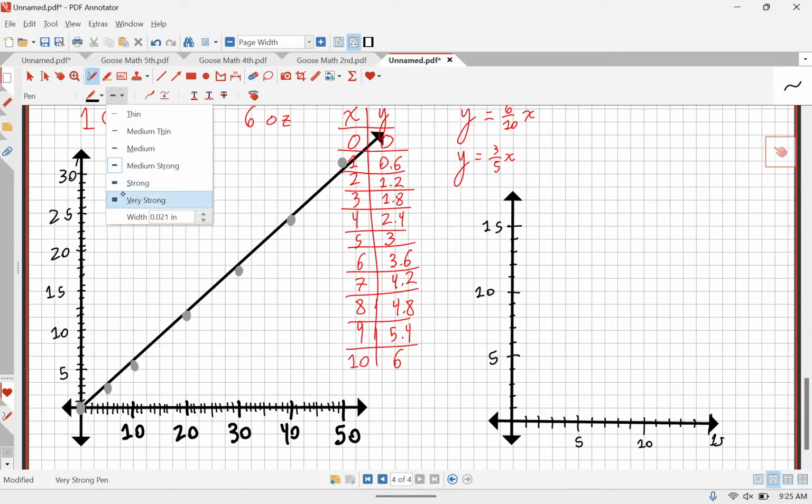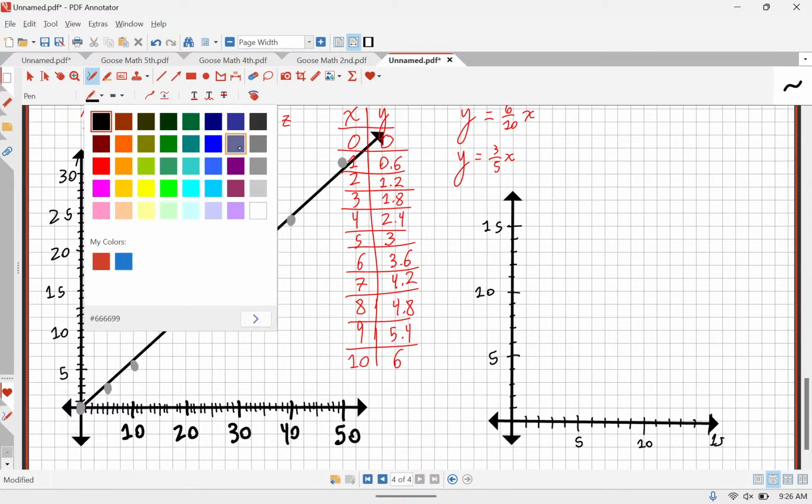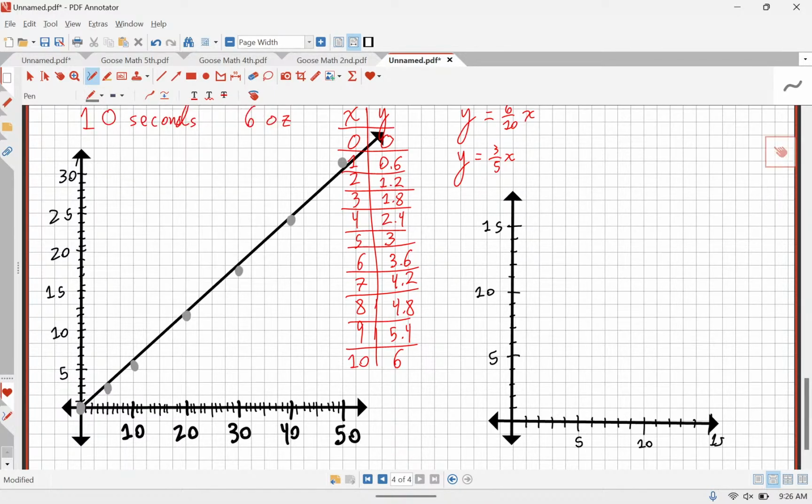Sure, and you get to pick. That's actually a huge thing that I believe in: when I don't give you a coordinate plane, you get to pick whatever it is. I actually really like this one, and I want to show you why. 0, 0, and I don't want to do the decimal, so I'll do 5, 3. I'll do 10, 6. I'll do 15, 9.